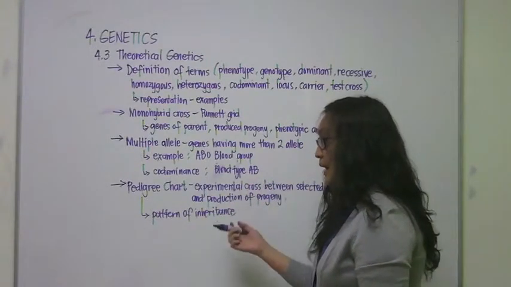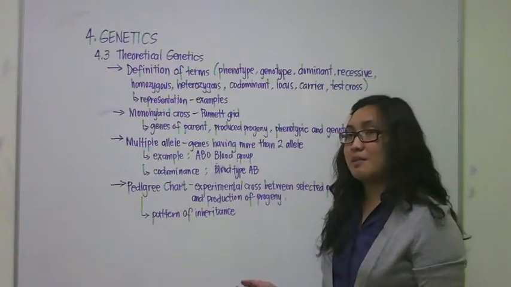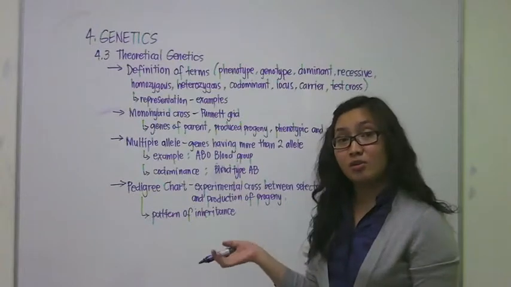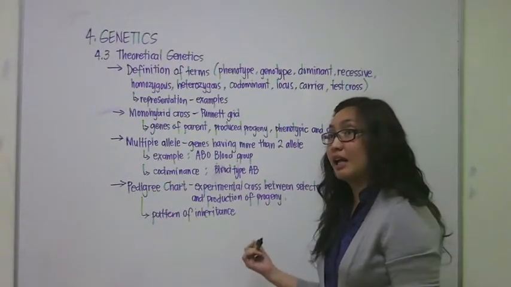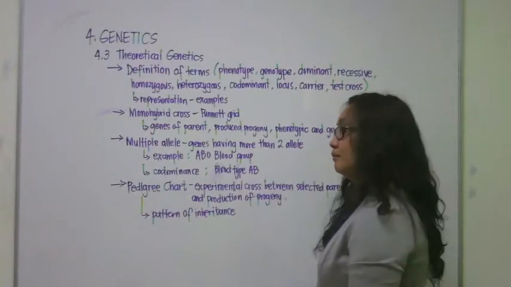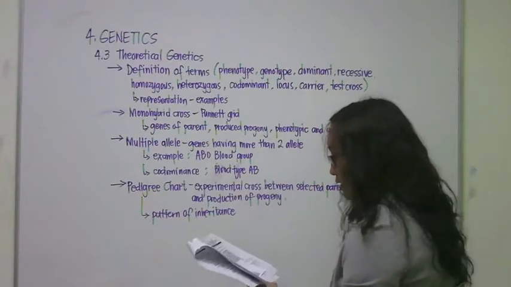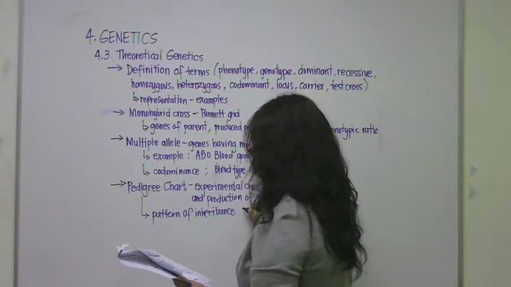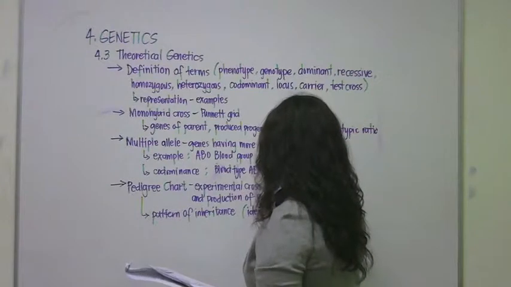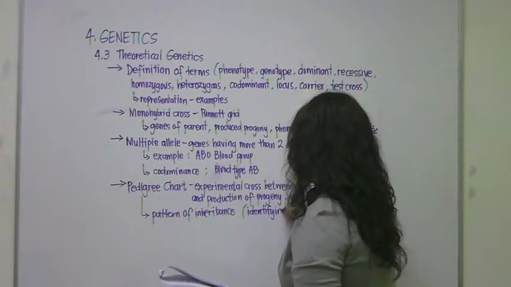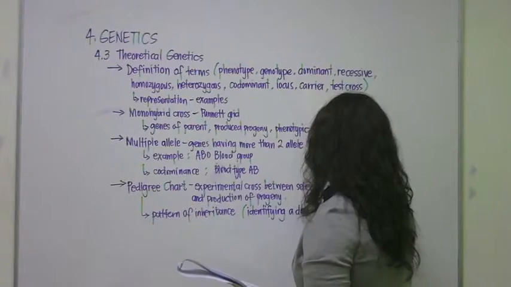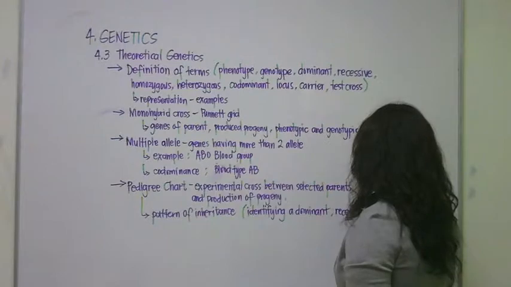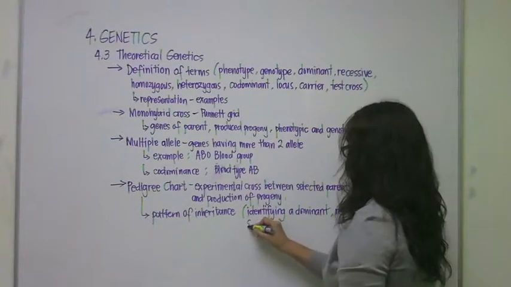Sometimes a pedigree chart also shows if a specific trait is being carried by a specific individual and how this trait is passed on to the next offspring, identifying the dominant, recessive, or sex-linked trait.